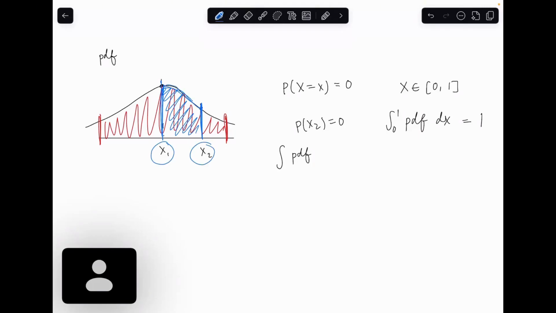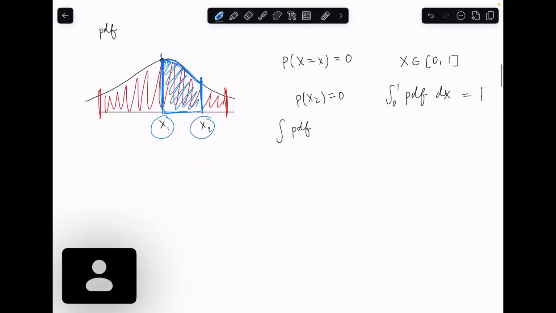It's basically taking all those little moments that on their own have a probability of 0, and adding all those infinite points up together, right? Because you have an infinite amount of X values between 0.1 and 0.2. You have 0.111, you know what I mean? So when we integrate, instead of doing a summation like when we're doing discrete functions, the PDF is going to give us the probability.